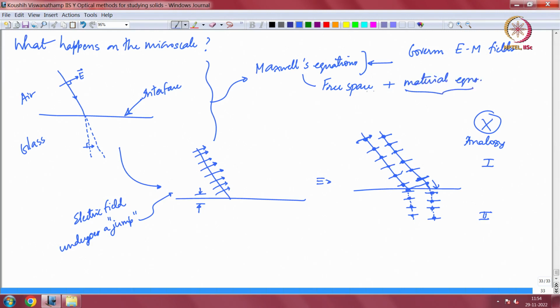We will deal with the material ones. The free space equations apply only to free space with isolated charges. With materials, Maxwell's equations are usually averaged over some small volume and then you generate the material equations. For now it does not matter what the distinction is, but it helps to know that there are two versions, okay.